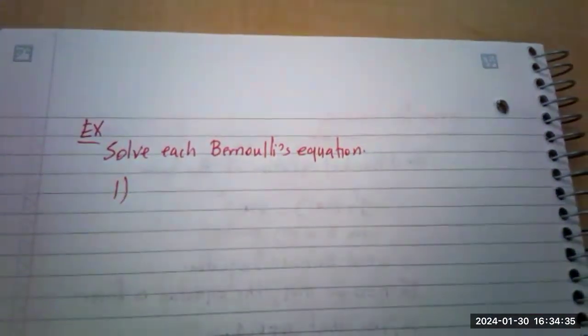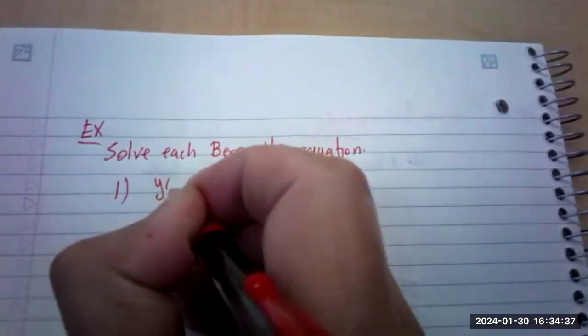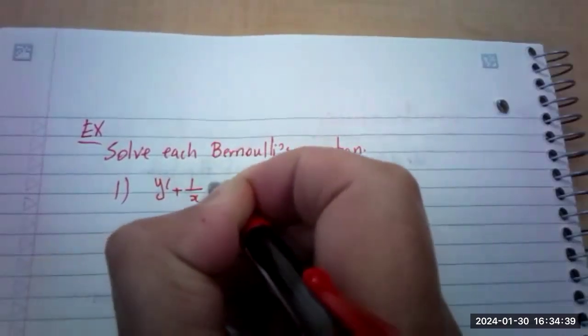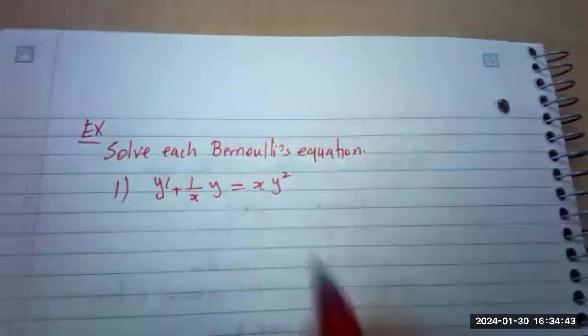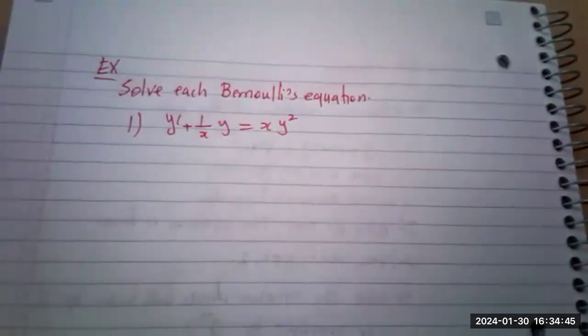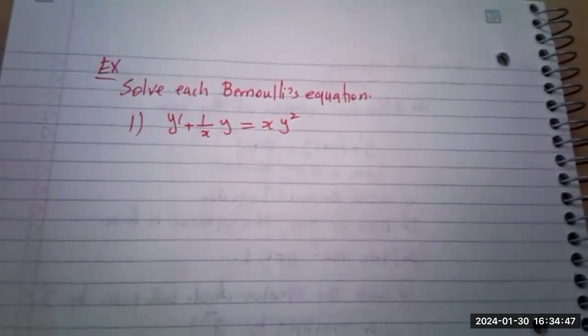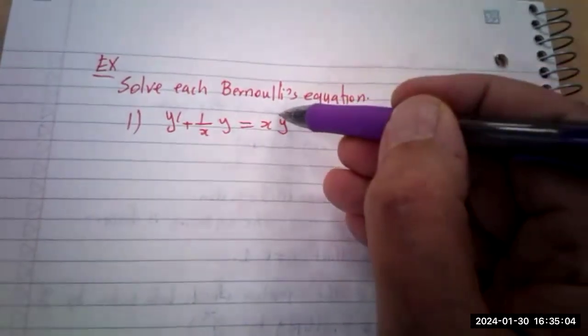First one is this one: y prime plus 1 over x y is equal to x y squared. As we talked about, the part to the left is linear, but the part to the right should have only q of x. You have an extra factor, and that extra factor is a function of y, a power of y. So this is what you have to get rid of.